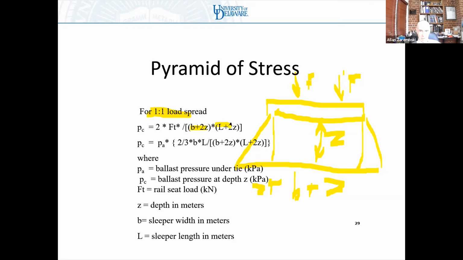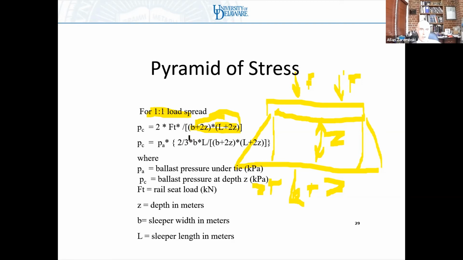Sorry, B is the width and L is the length. So I drew this wrong. This is L. L plus 2Z is the length, B is the width, and this is the instantaneous cross-sectional area at any depth Z with a 1 to 1 spread, and the stress is equal to 2 F sub T divided by that cross-sectional area.